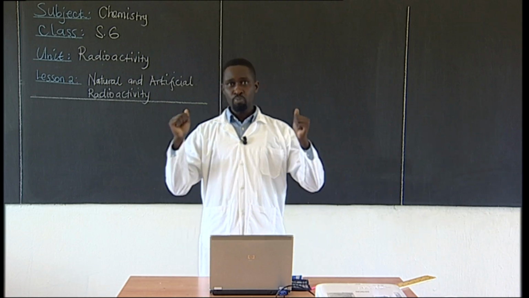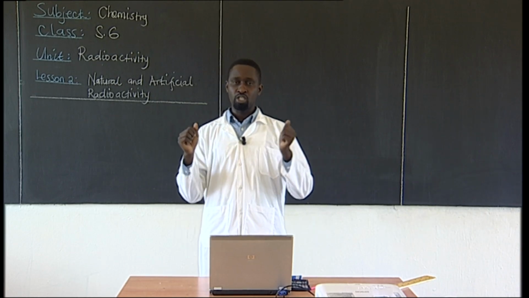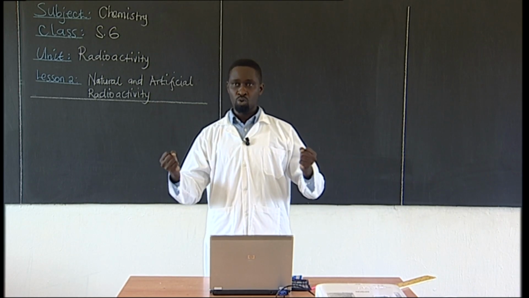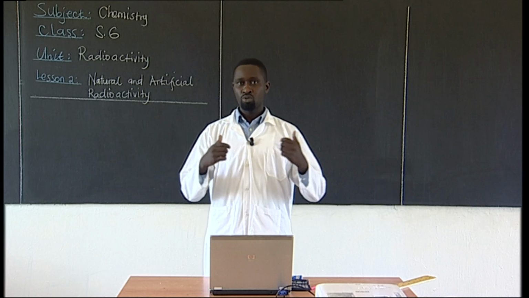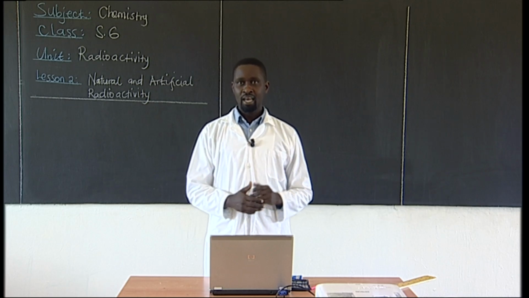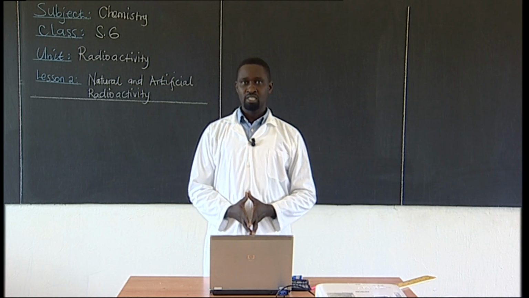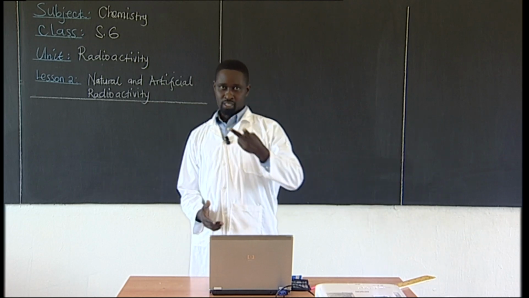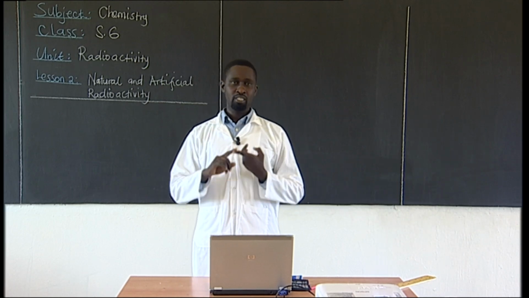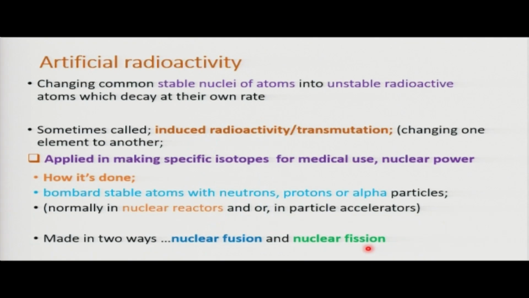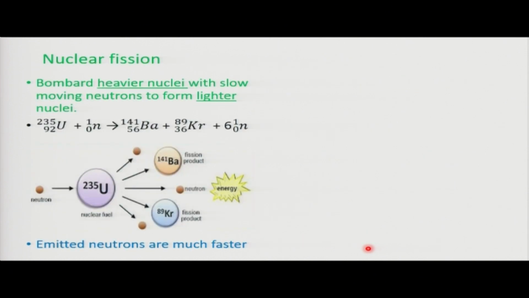And so as you bombard the atom with the particle, then you create instability, and the atom disintegrates. So two ways are followed in here. We call it nuclear fusion and nuclear fission. Remember we said do not miss the meaning of those two. So let's understand what they are.